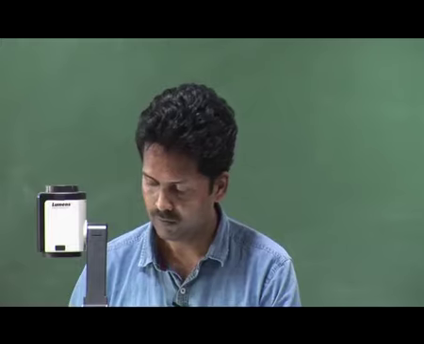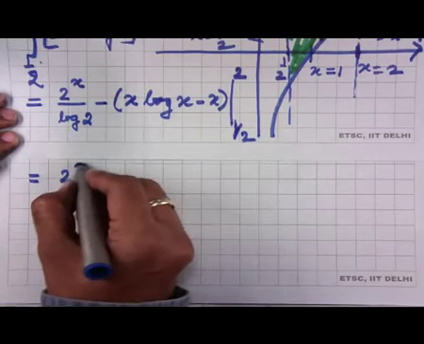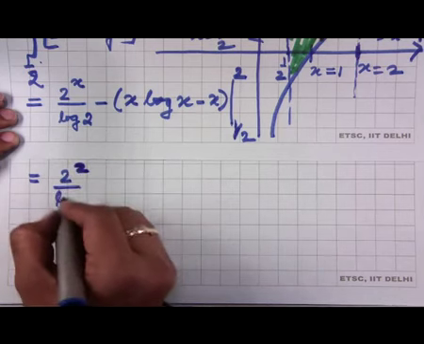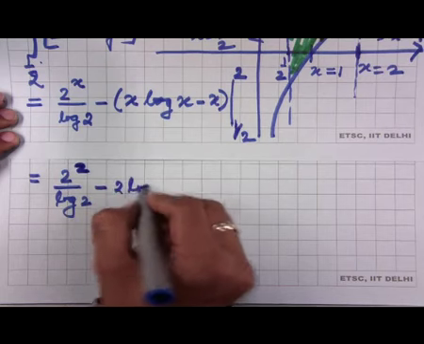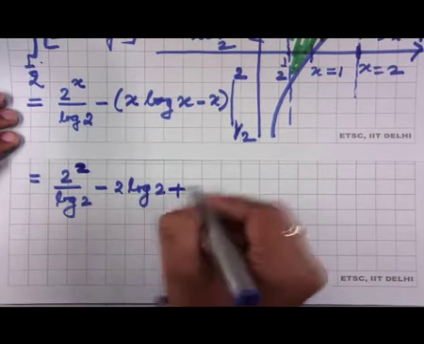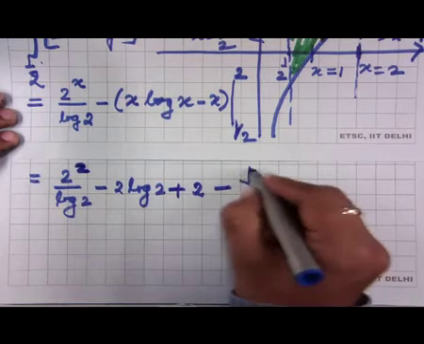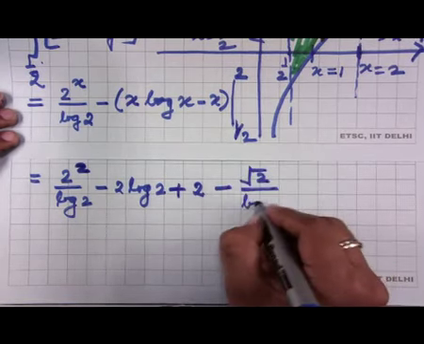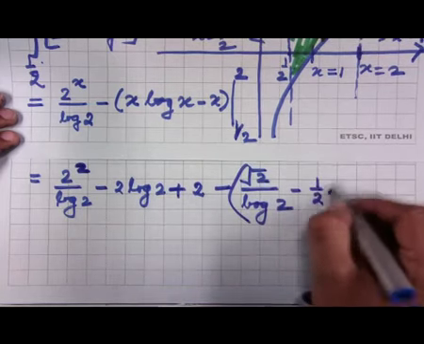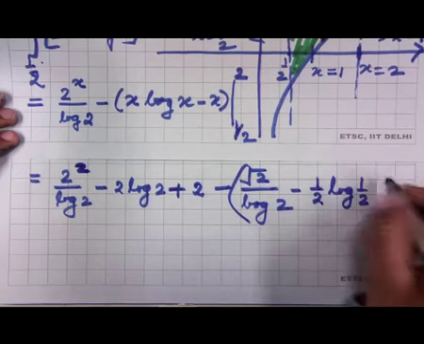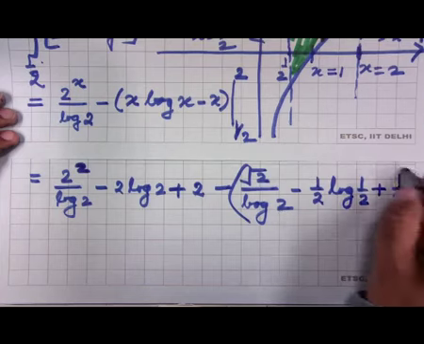So the value, therefore, at 2 you will get 2 square by log 2 minus 2 log 2 plus 2, minus, at half you will get root 2 by log 2 minus half log half plus half.